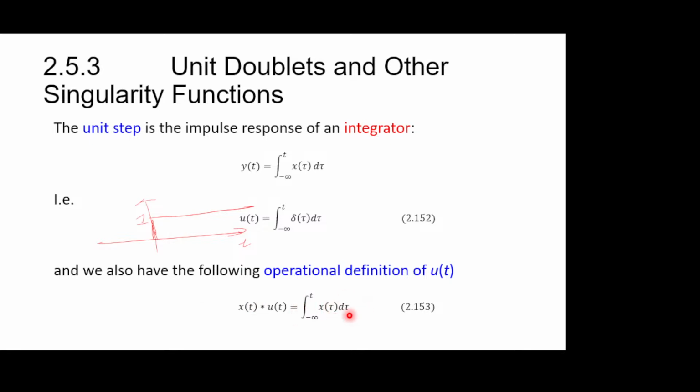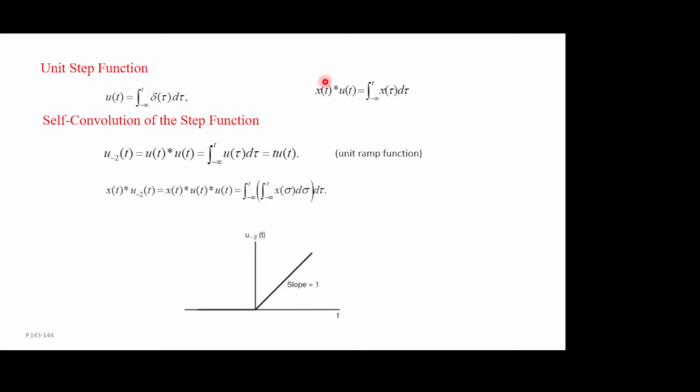Just like differentiation, we can also think about integration in more orders. What about the system where you integrate x twice, from minus infinity to tau and then to t?